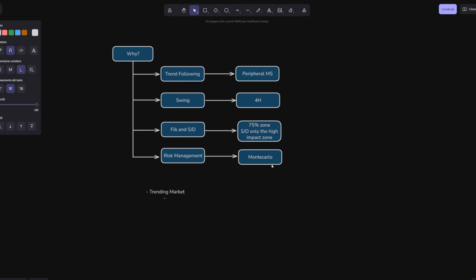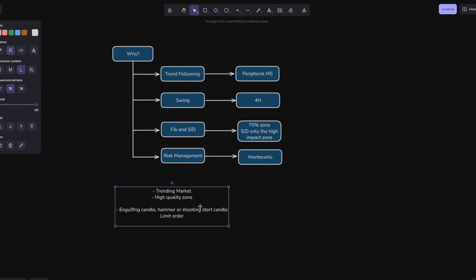The next thing is a zone, a high quality zone to trade on. And then the next thing will be an engulfing candle, a hammer or shooting star candle, or I will work with limit orders.